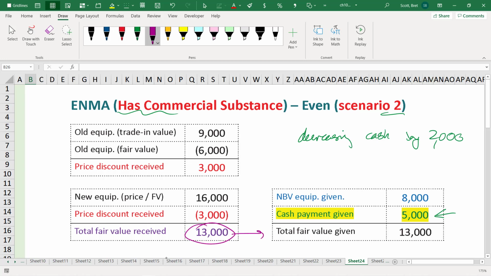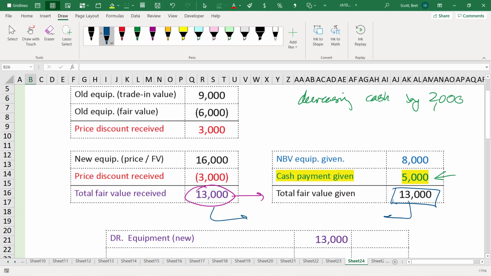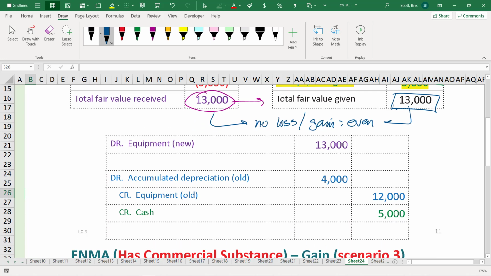Okay. So if I do that, all facts the same, there's the $13,000 again in fair value received. Compare that now to the new fair value I am giving to the seller of, in this case, now it's $13,000. When I compare those two, I have no loss or gain. I can say that I have an even transaction. I'm breaking even in this situation. So down below, the equipment I'll still show as $13,000.